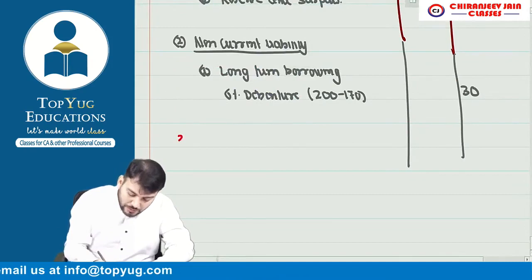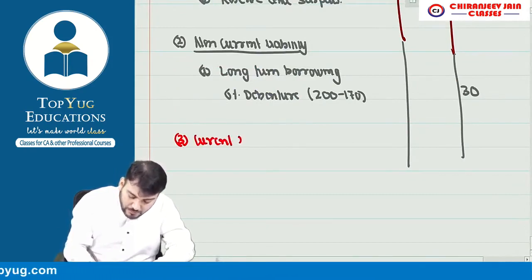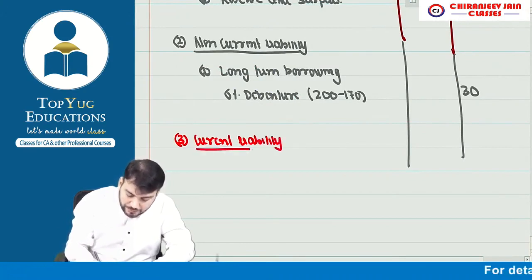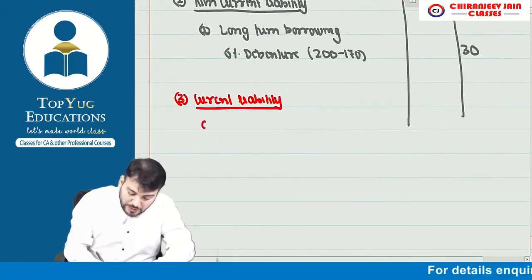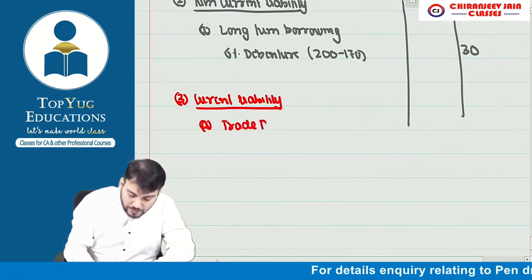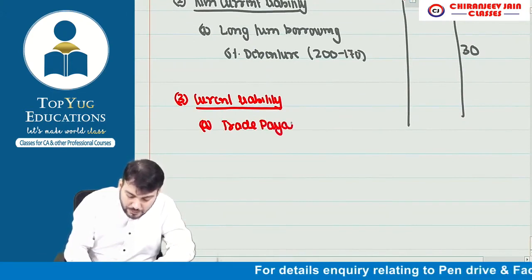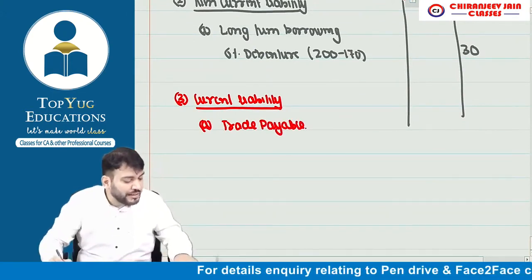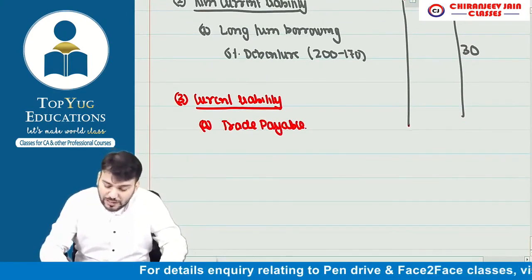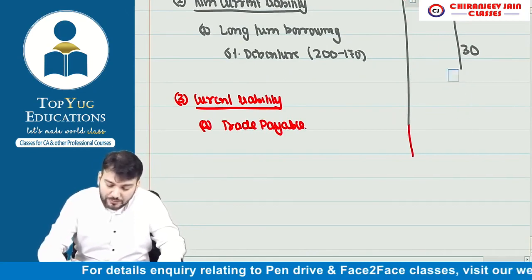Yes sir. Then point number 3, current liability. First we write down trade payable. In trade payable sundry creditor will come. Nothing happened to sundry creditor, so that will come as it is, 51 lakh.